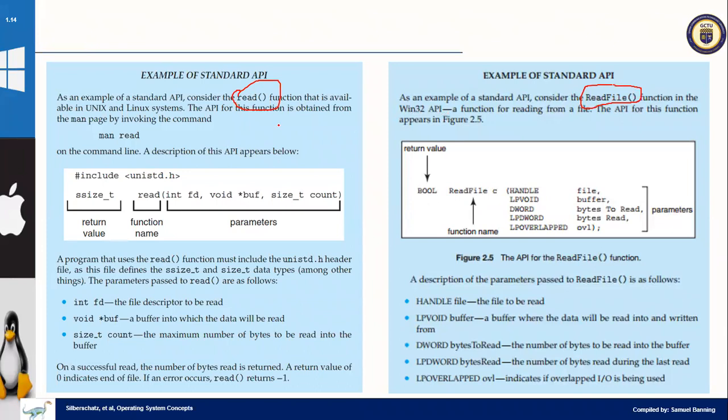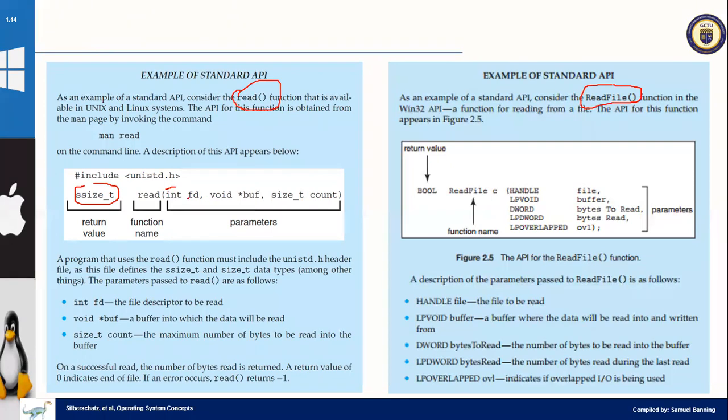Okay, if you look at them, they are all doing the same task. Read is to read a file, and read file is to read a file, the same thing. But if you look at the various system calls, or the parameters that your read has, it has the FD, the buffer, and the count.